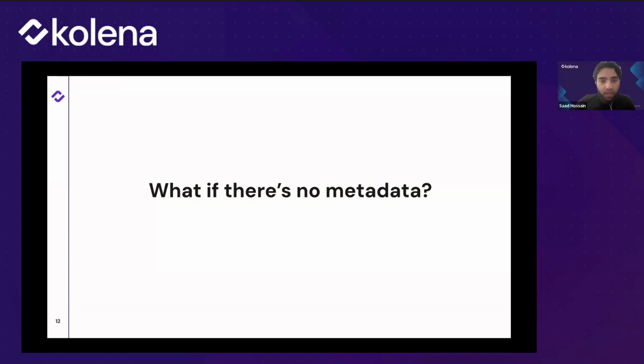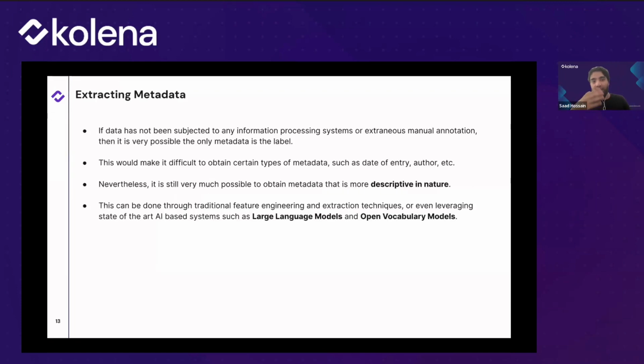And now moving on to how exactly we can extract this metadata, especially if it has not been subjected to extraneous manual annotation. It's very possible that the only metadata is the X and the Y, the label that you have. Now, as mentioned before, it is still difficult to obtain certain types of metadata.